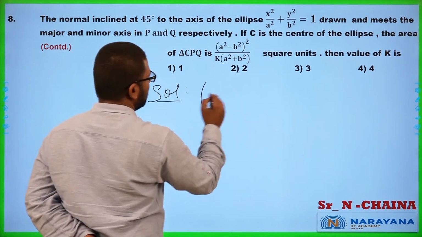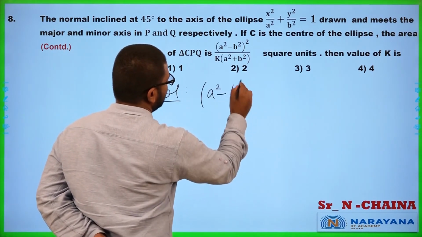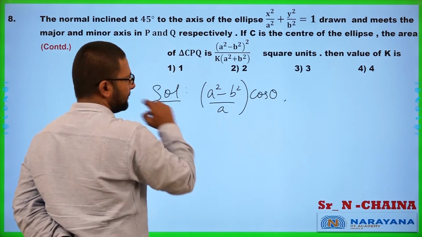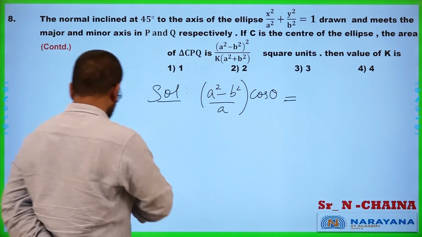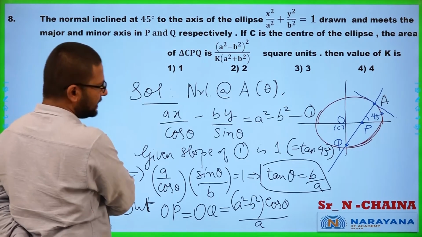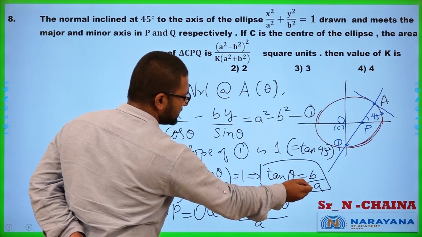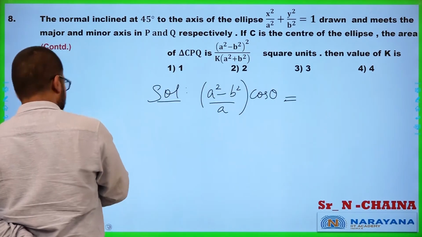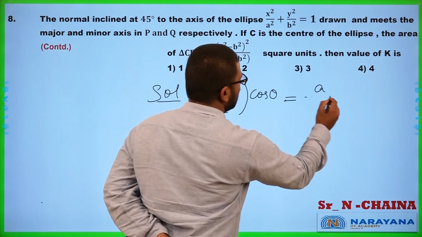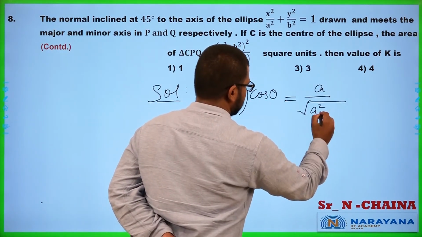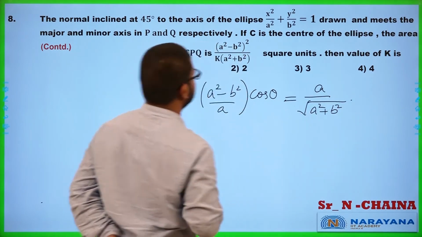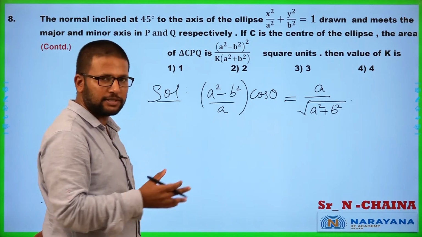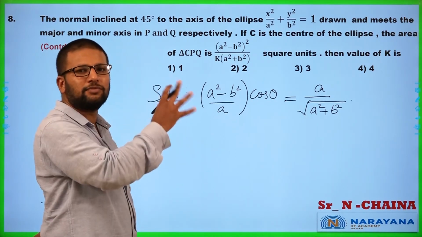So we are looking for A square minus B square upon A cos theta, where tan theta equal to B by A. So if tan theta is B by A, this is opposite, this is adjacent. Therefore cos theta would be A by root A square plus B square. For our convenience, we are taking theta in the first quadrant. So everything is positive. So we don't have to consider other options of negative terms.